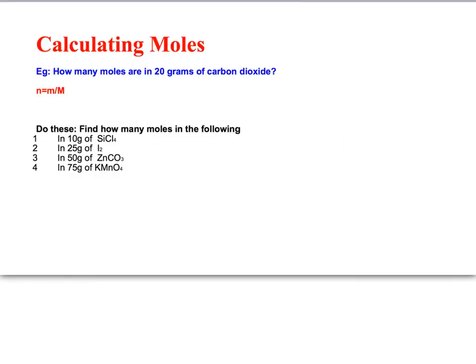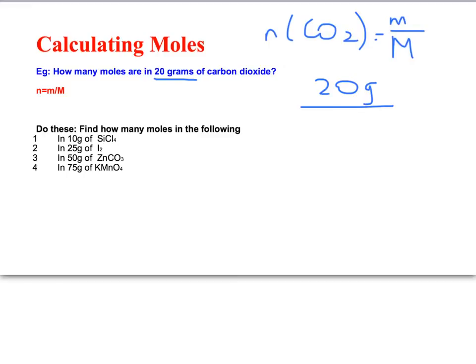Doing that one more time, here's another question. How many moles are in 20 grams of carbon dioxide? Okay, so we want to find the n of carbon dioxide. It equals little m over big M. We know that the mass is 20 grams, and we want to find the molar mass of carbon dioxide.